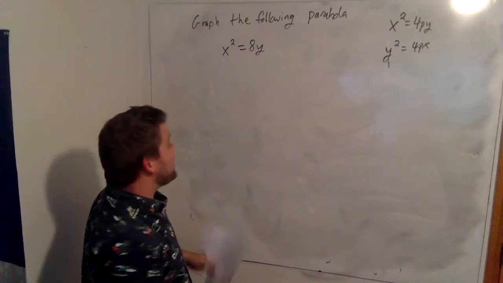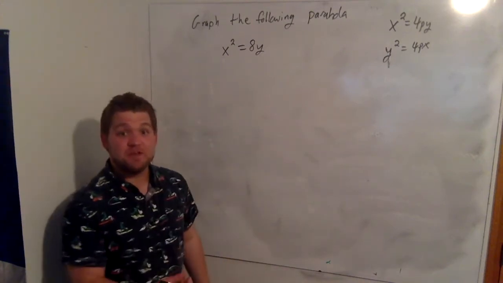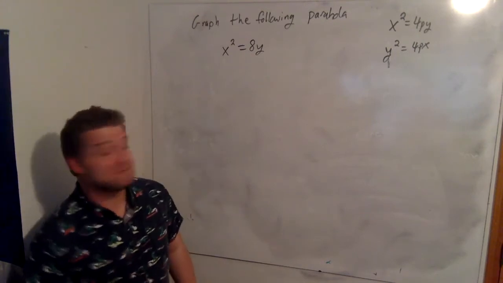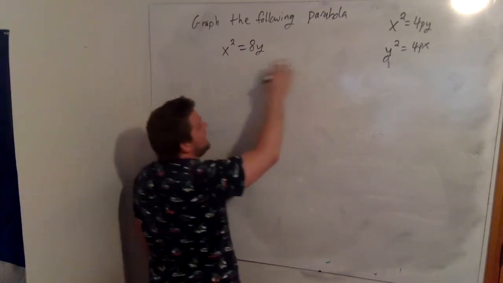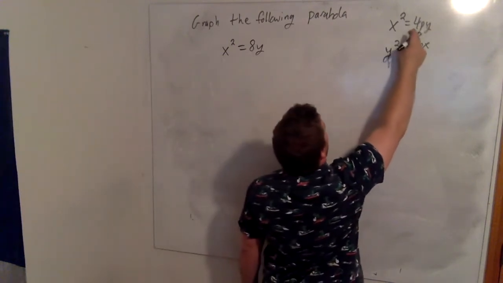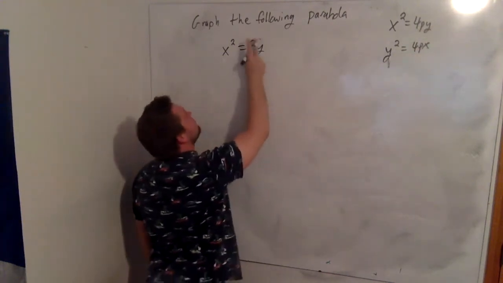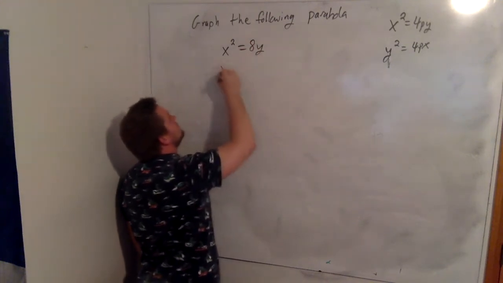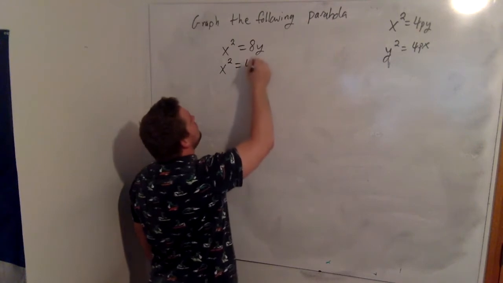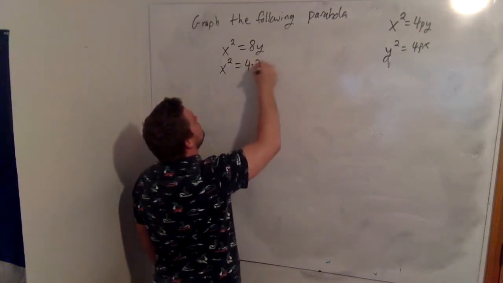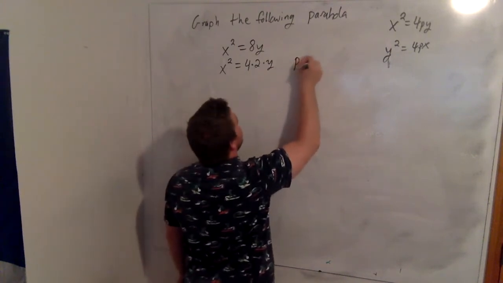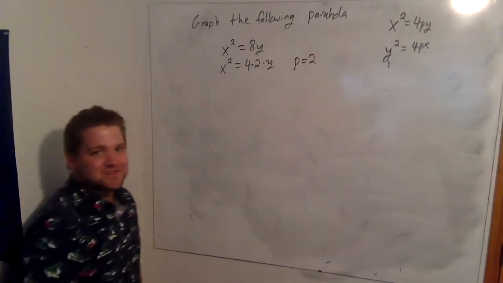Okay, now that we know the orientation, it might be nice to think about what the p-value is. There's a couple ways you could do this, kind of matching pieces. I see an 8 next to the y. Here I have a 4p next to the y, so you could think about factoring a 4 out of 8. So this is x squared, and this is 4 times 2 times y, so you might be able to see that p has to be 2 in this example.